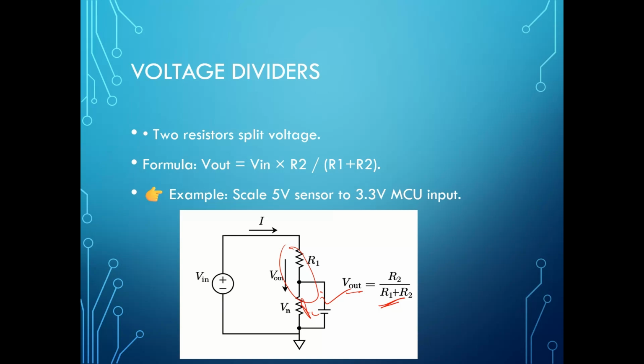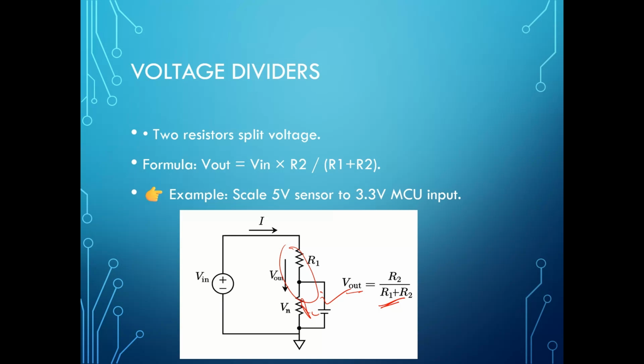Sometimes the input voltage is 5 volts, but the controller needs 3.3. There you can use the voltage divider circuit, and with a switch you can also use this kind of approach to connect 3.3 volts to the MCU input.